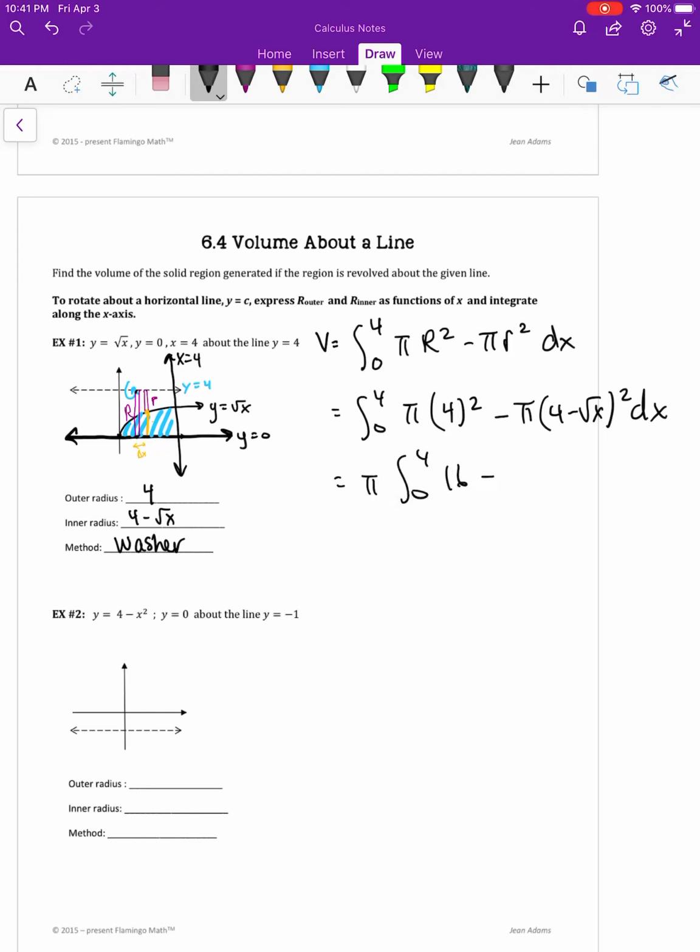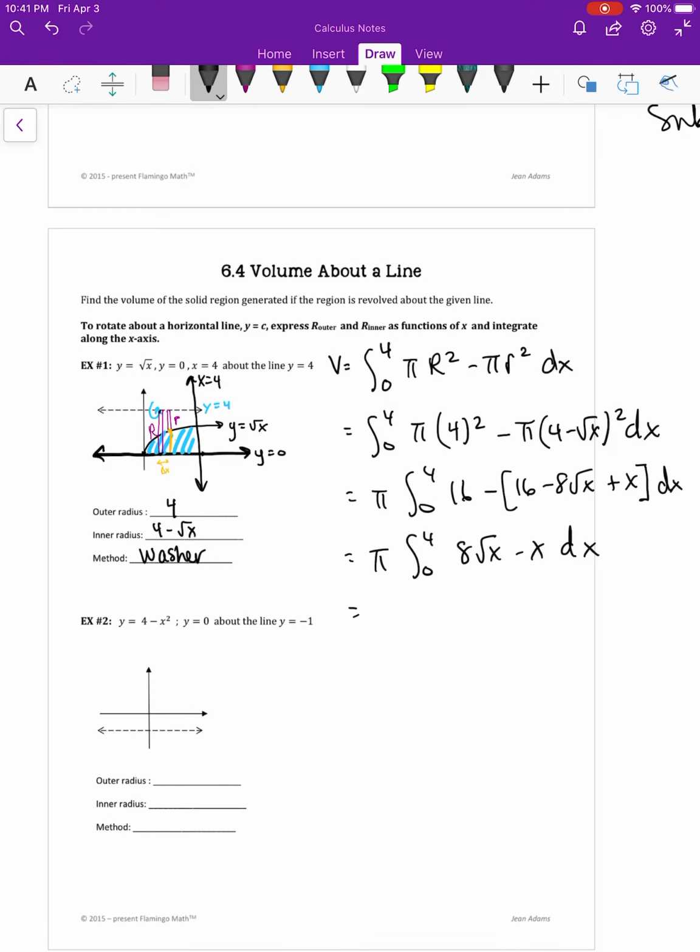Bring your pi out in front. 16 minus, we're going to go ahead and square this. 16 minus 8 root x plus x dx. So now let's distribute that negative. So the 16s cancel. We've got 8 root x minus x dx.